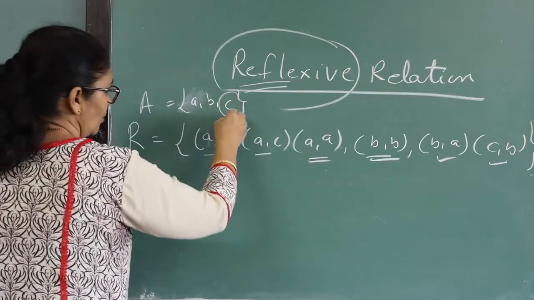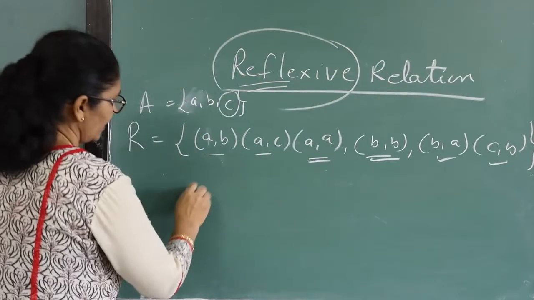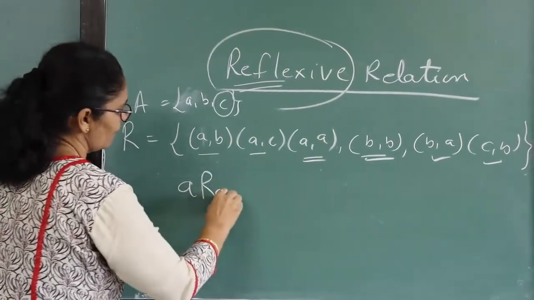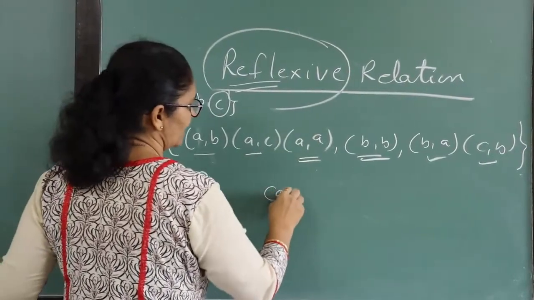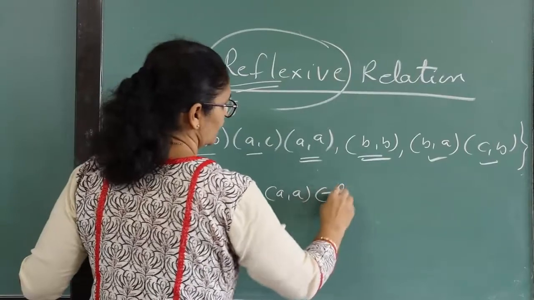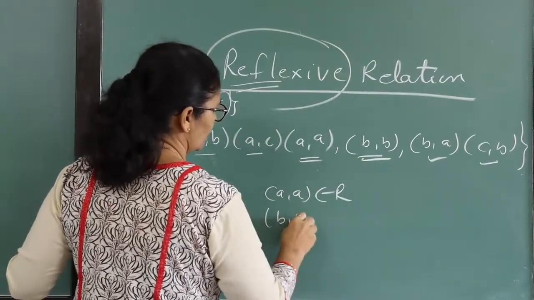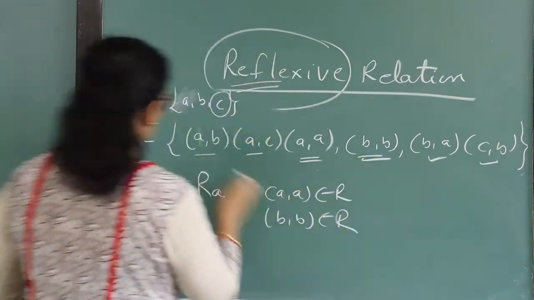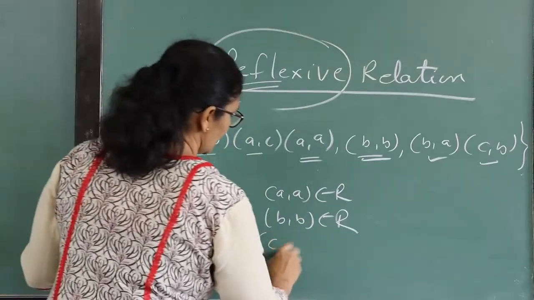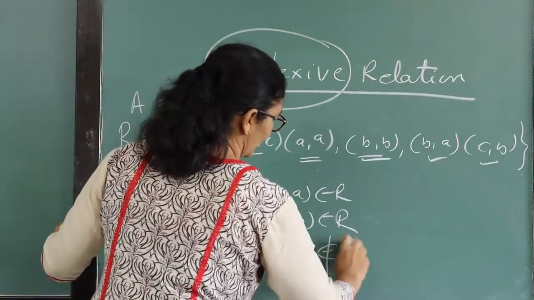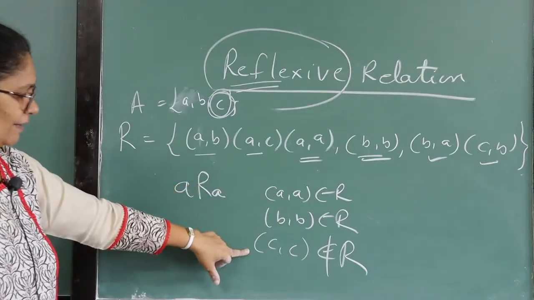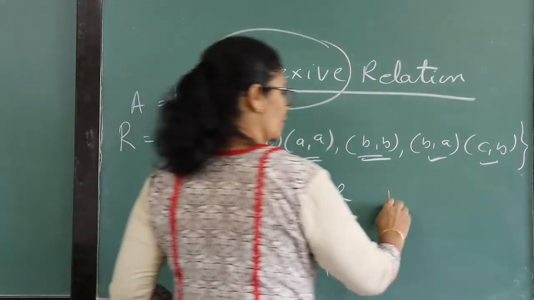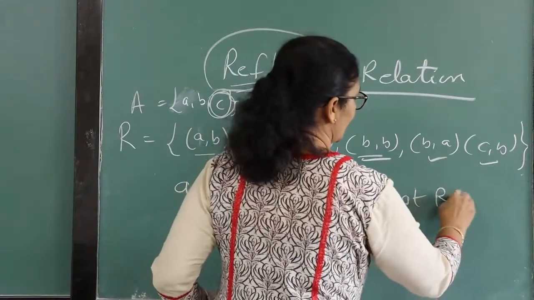But here we have one more element C. What is the reflexive relation? A with A, meaning the relation A comma A is in R, B comma B is also in R, but the third element C comma C is not in R. What is the condition? If two are there but the third element is not there, then also it is not reflexive.